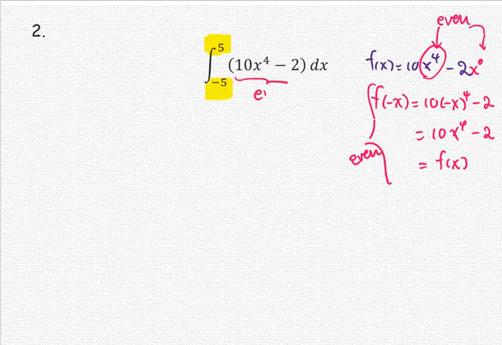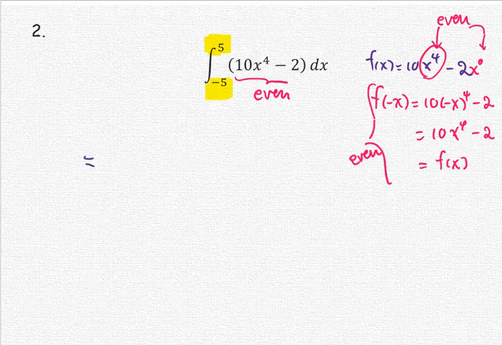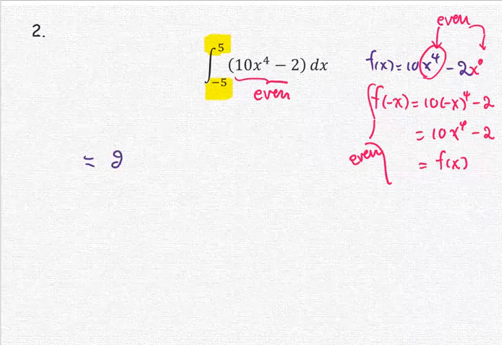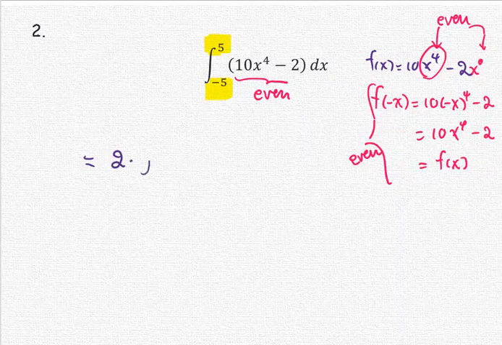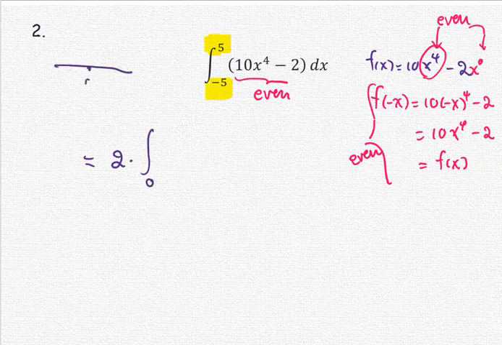For the even function, when we evaluate from negative 5 to positive 5, this can be broken into two equal pieces. So we're going to find it as twice the definite integral from 0, which is the midway, because 0 is in the middle of negative 5 and positive 5.